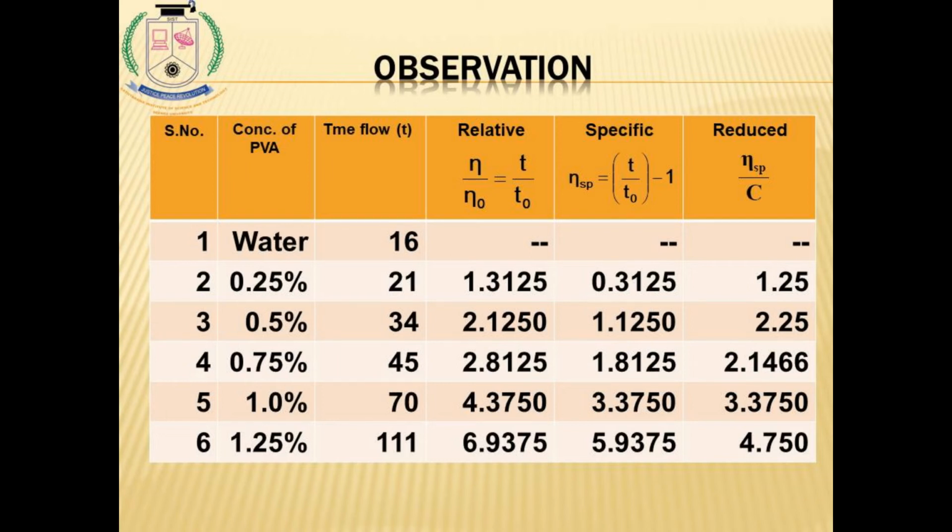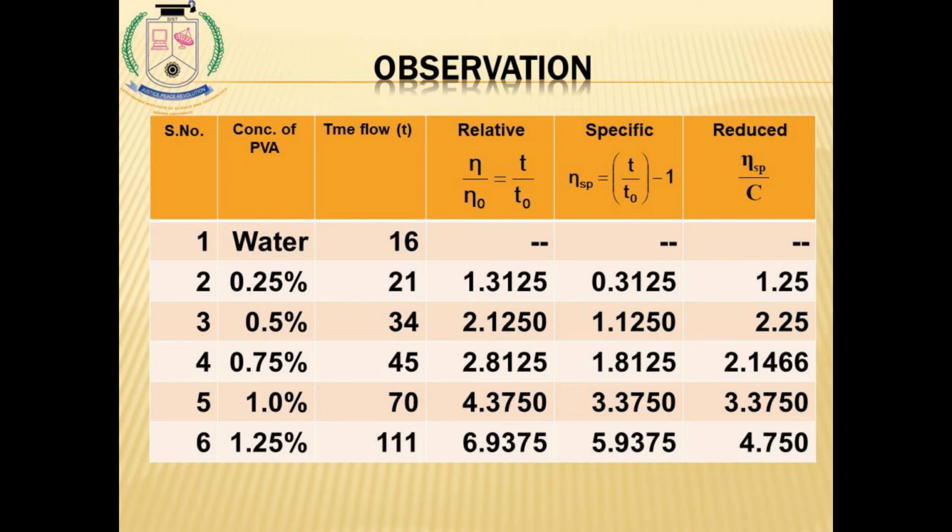Now, if you subtract 1 from this relative viscosity, you will get specific viscosity, that is eta SP. The values are 0.3125, 1.1250, 1.8125, 3.3750, and 5.9375. Now, if you divide this specific viscosity by the concentration of the PVA, you will get the reduced viscosity values.